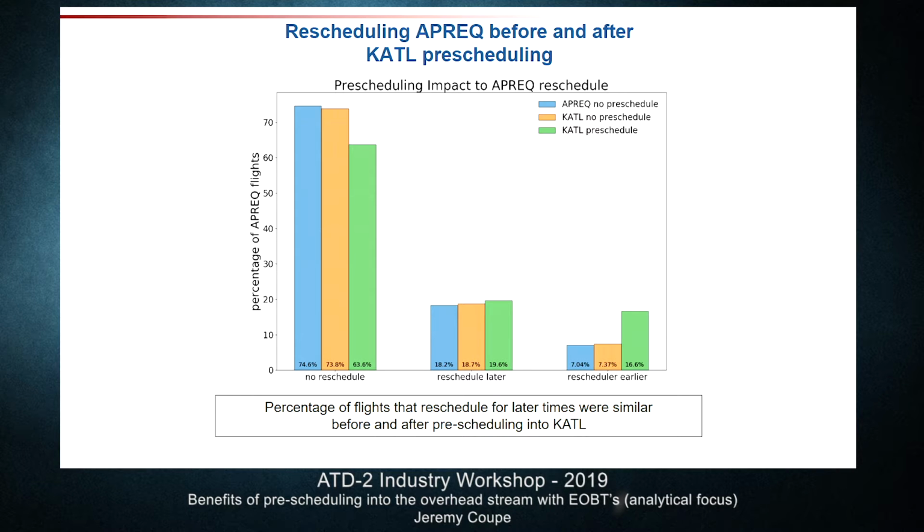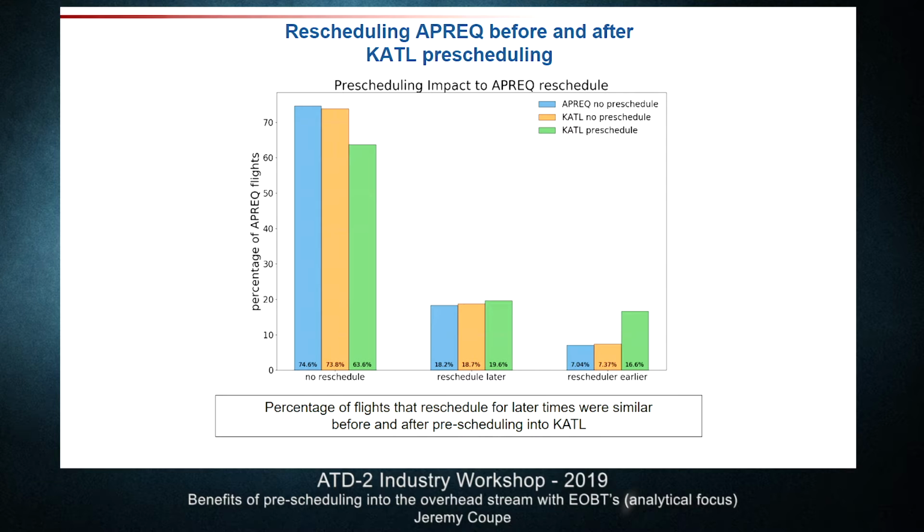By calibration, I mean that the time we provide to TBFM, the earliest feasible takeoff time, has a buffer in it, and that buffer could be adjustable for flights with EOBTs versus flights without EOBTs. How aggressive or conservative do we want to be with those requested times?